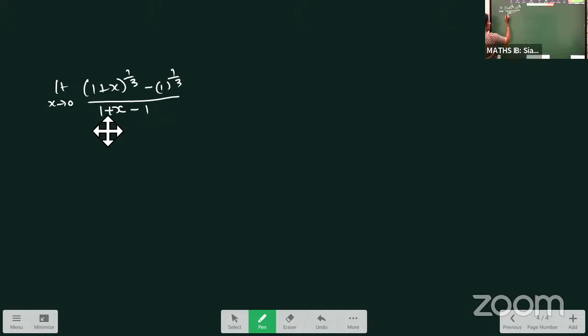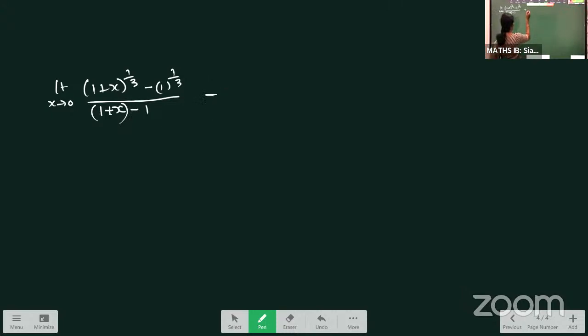If we add and subtract, limit x tends to 0, (1 plus x) power 1 by 3 minus 1 power 1 by 3 by x we have. So here, adding 1 and subtracting 1, put x plus 1 in a bracket like this, (1 plus x).